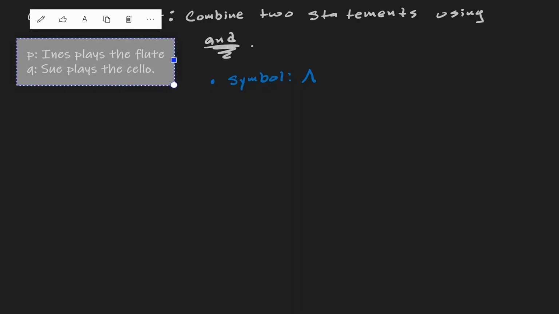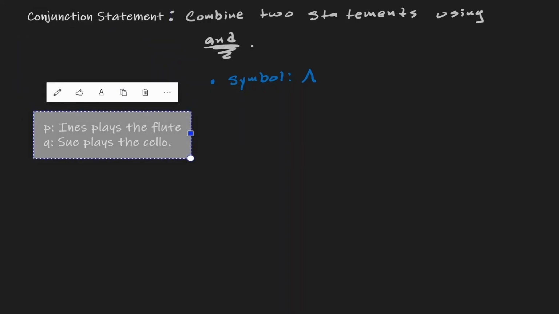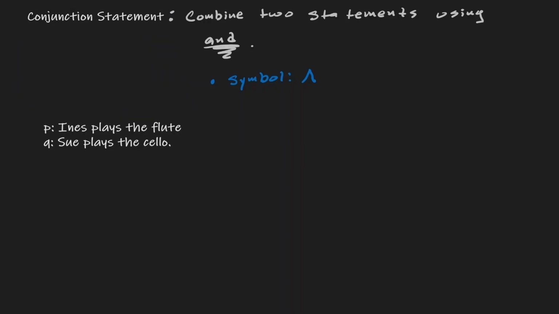But why do we even need symbols if we can just write it out in words? Well, for that, let's consider these two statements that we have here. One statement is Ines plays the flute, and the second statement is Sue plays the cello. Now, how would a conjunction statement look like for these two statements?